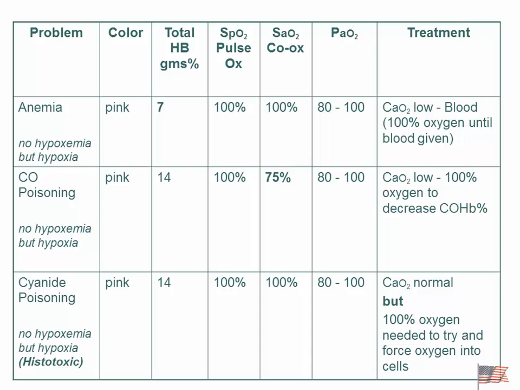Cyanide is a nasty, nasty substance. It destroys the mitochondria. It basically makes the mitochondria unable to utilize oxygen. So even though my blood PO2 is good, even though my saturation is good, even though my hemoglobin is good, I'm dead. I can't utilize that oxygen.